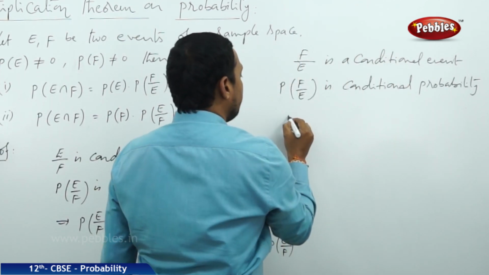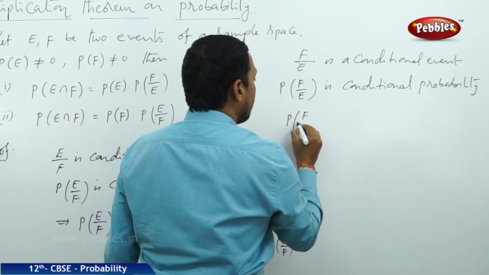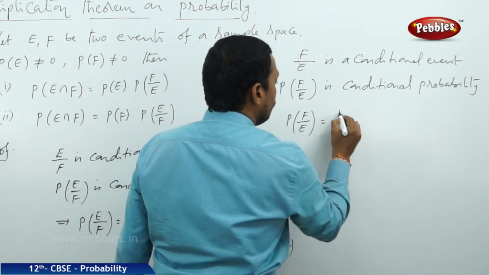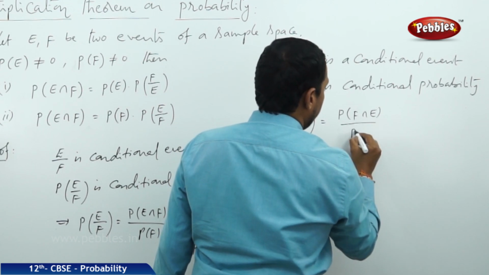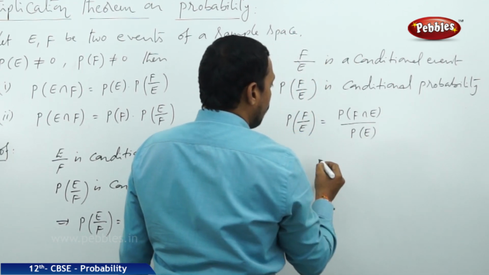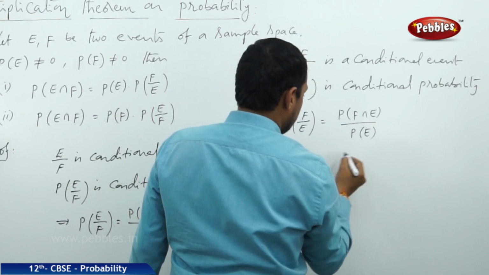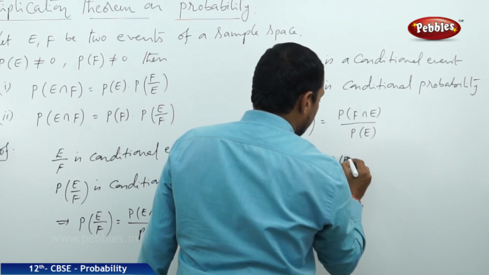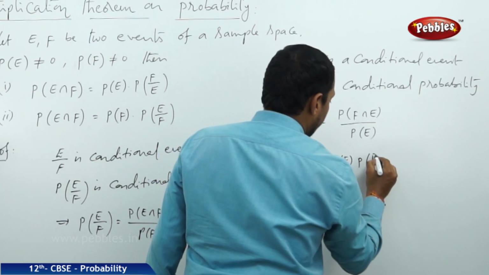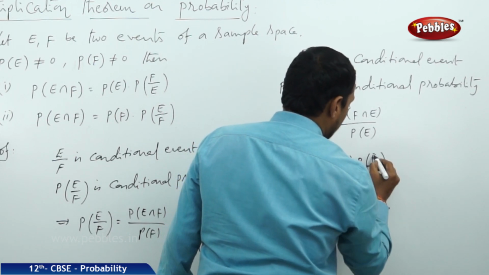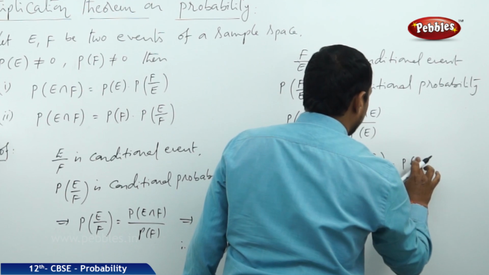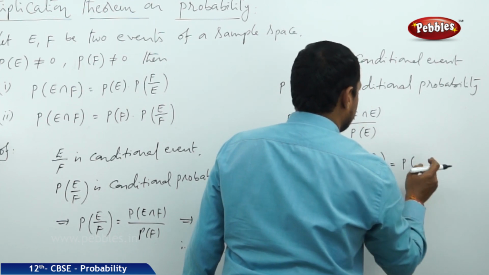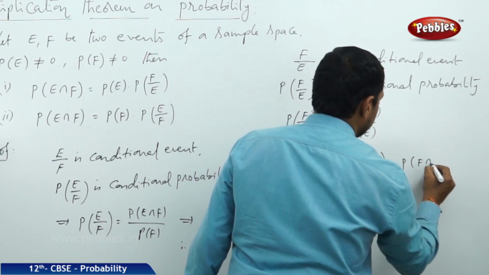Now, by its definition, probability of F by E is equal to the probability of F intersection E by P of E. Now, on cross multiplying this, we get P of E into P of F by E is equal to P of F intersection E or E intersection F, whatever, no problem.